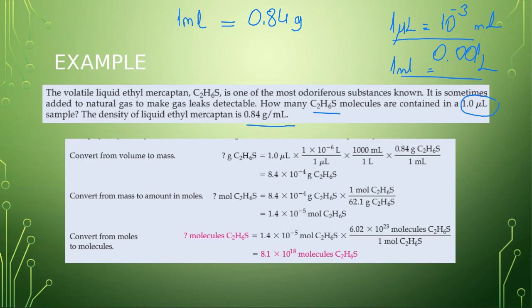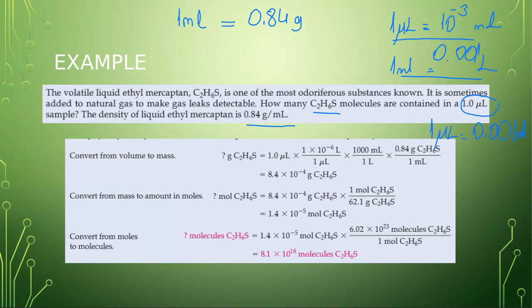Okay, this is the same thing. And they gave us the microliter, and we should convert from microliter to the milliliter. So we write here 1 microliter is equal to 0.001 milliliter.